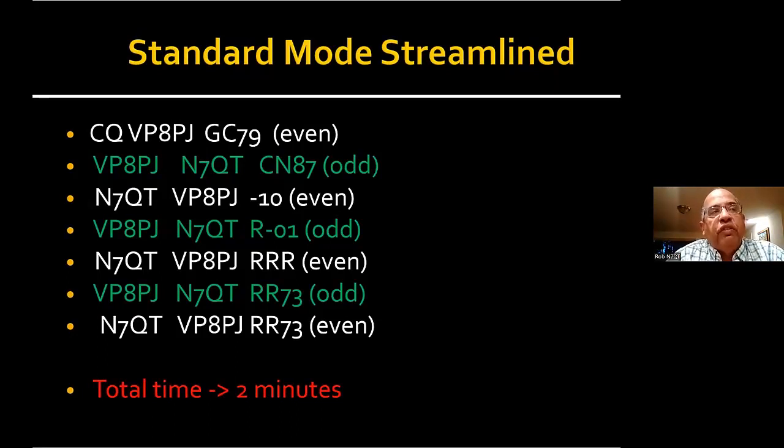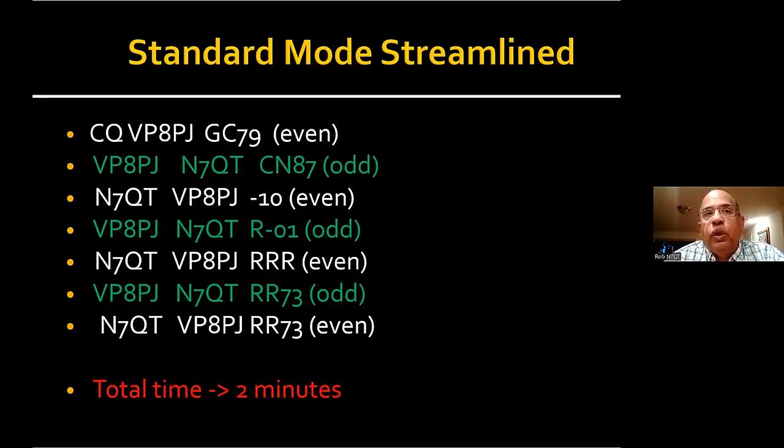In this case, we've got a DX station, VP8PJ, calling CQ on an even cycle. We've got N7QT responding to VP8PJ with his grid square. VP8PJ picks up N7QT and sends N7QT a -10 signal report.